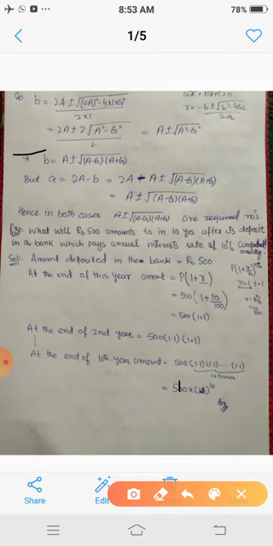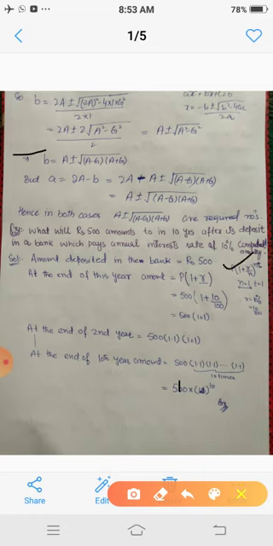So here we have a person who deposits rupees 500 in an account for 10 years, and this bank pays annual interest at the rate of 10%. We have to compute what will be the amount after 10 years. Amount deposited in the bank is rupees 500.